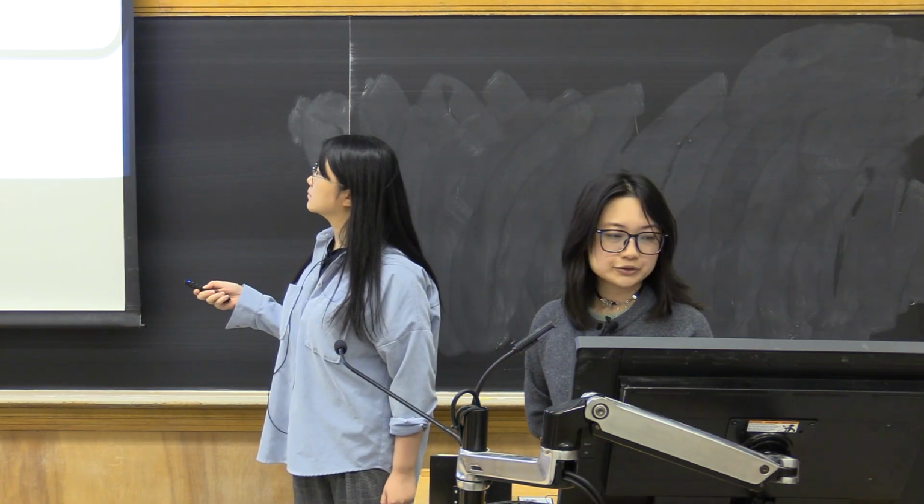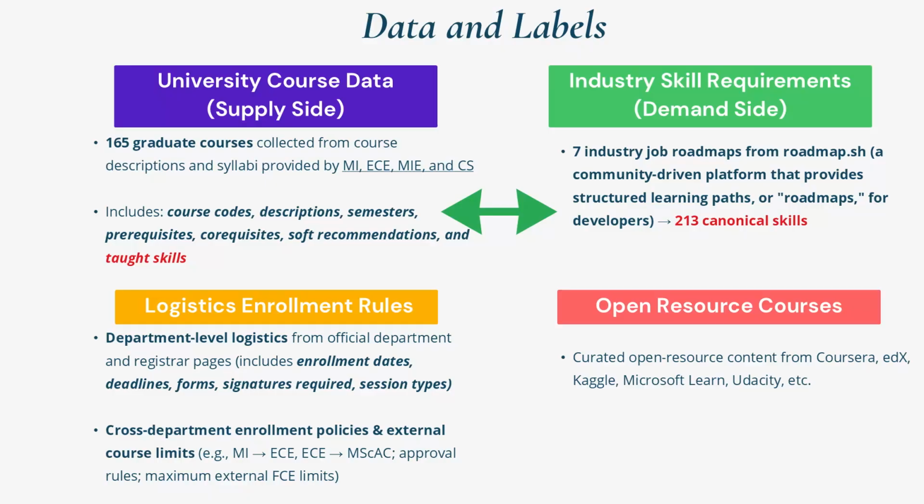To connect these two things, we first collected graduate courses across 4 master programs and ensured cleaned and verified metadata. We transformed 7 industry job roadmaps into a canonical skill dataset. We also collected logistic enrollment rules based on the official department and registrar pages.